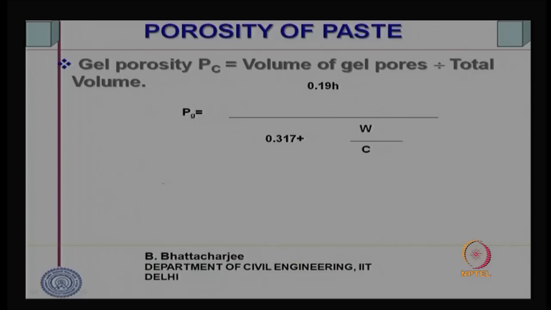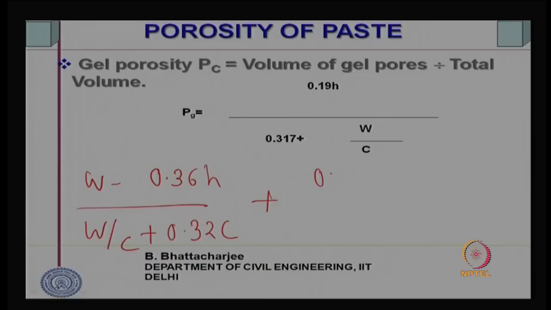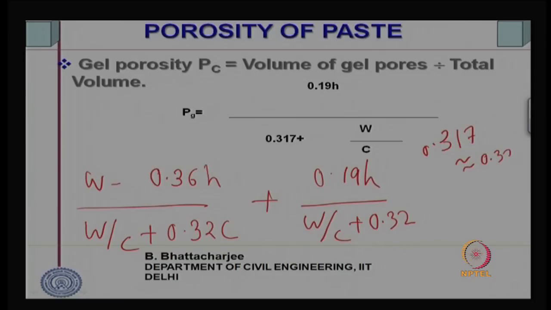The capillary porosity was W by C minus 0.36 H divided by W by C plus 0.32, and the gel porosity was 0.19 H divided by W by C plus 0.32. Here, 0.317 is approximately equal to 0.32. That is what I am using.